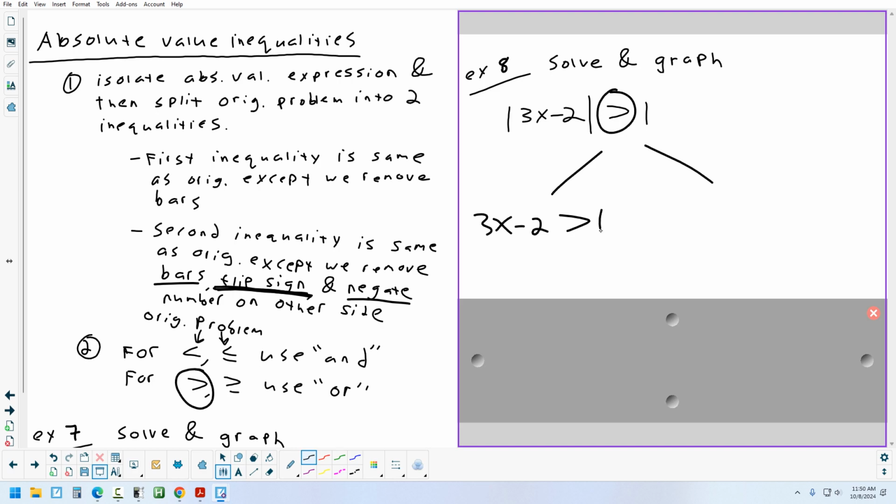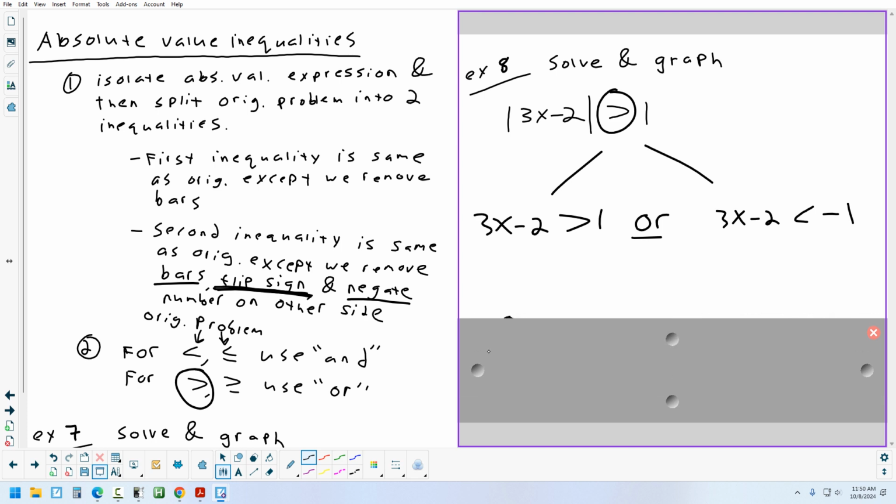So what word am I going to use in this one? It's a greater, so it's an "or." And what's the second inequality? You got to do three things. 3x minus 2 is less than -1. Yep. Get rid of the bars, flip, make the number on the opposite side negative.